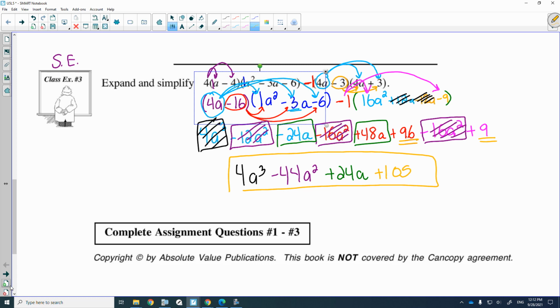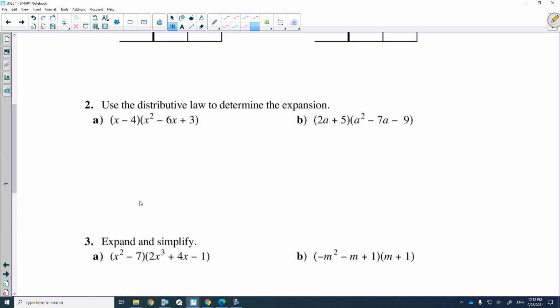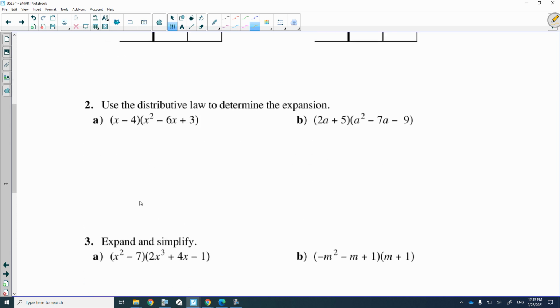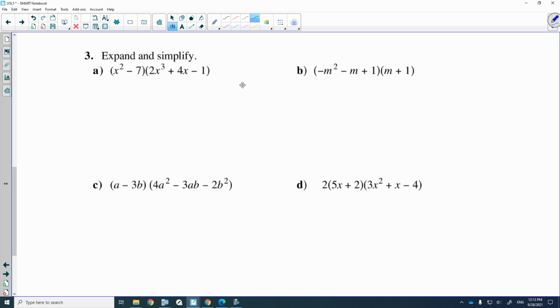So let's go to the homework and I'll tell you which ones I want you to do. Okay, circle number 2, you're going to do A and B. I'm just going to put in my invisible one here and my invisible one there. Circle number 3, we're only going to be doing these two.